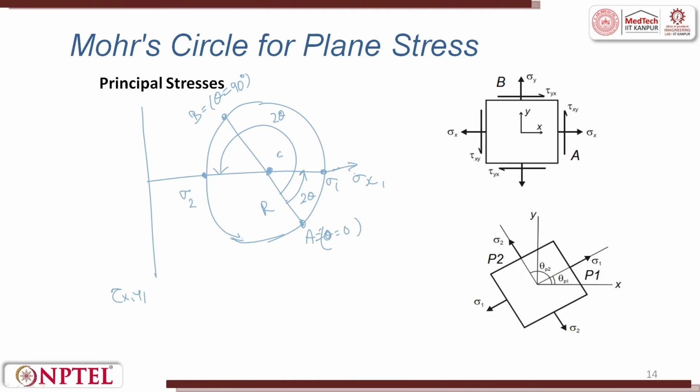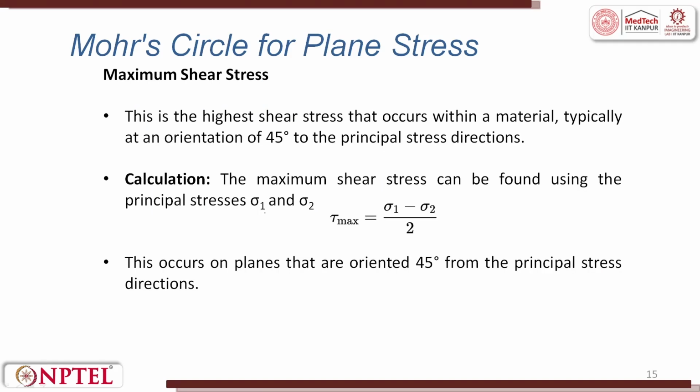So, this is sigma x1, sigma 1, sigma 2, and here you will have 2 theta, this is 2 theta P2. So, this is how you represent the principal stress in a Mohr circle diagram: maximum and minimum principal stress, sigma 1, sigma 2, inclined at an angle 2 theta, and the radius. The next is maximum shear stress.